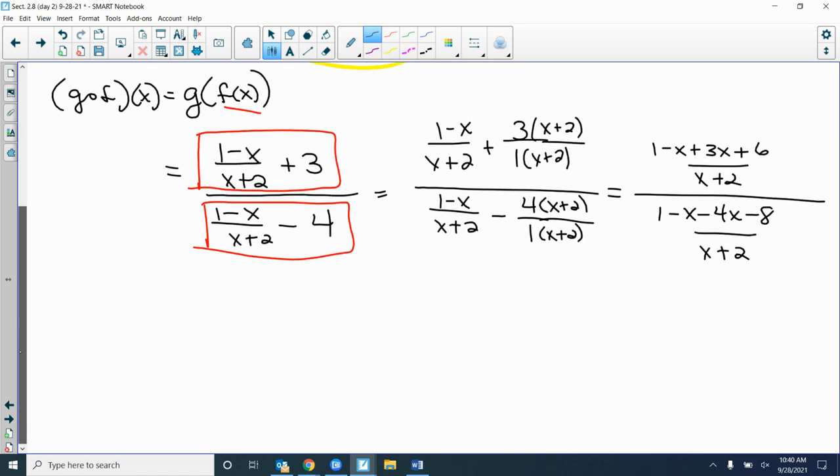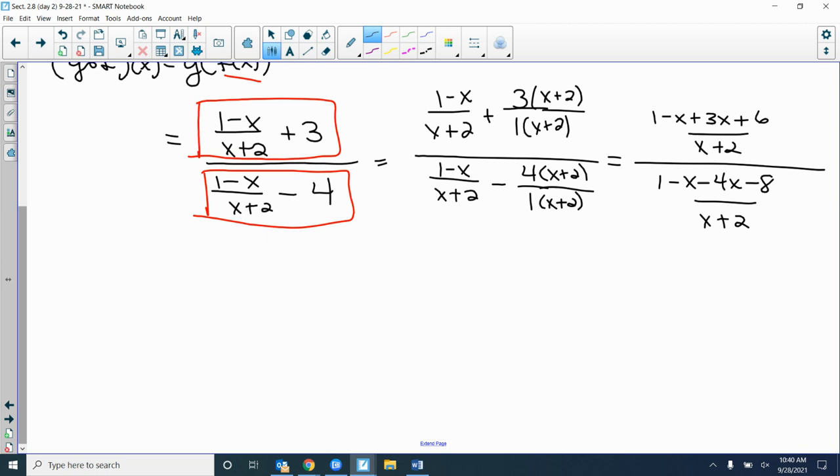So I'm going to combine like terms for both of those numerators. 1 minus x plus 3x plus 6, 2x plus 7, right? Over x plus 2, all over, what is that, negative 5x minus 7 over x plus 2.